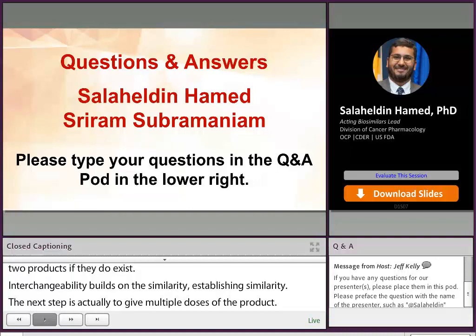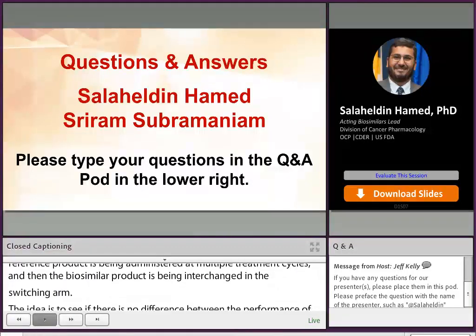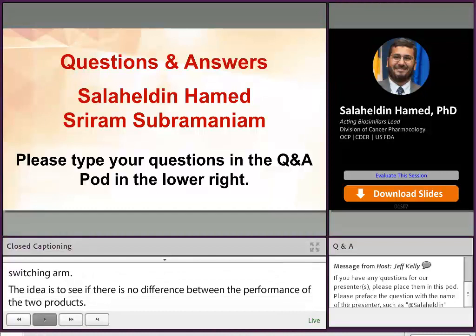There is a switching arm. And the idea is to see that there is no difference between the performance of the two products. Usually this is conducted in the patient population for which the product is being approved. It is a multiple dose study, and then there is a thorough assessment of PK.